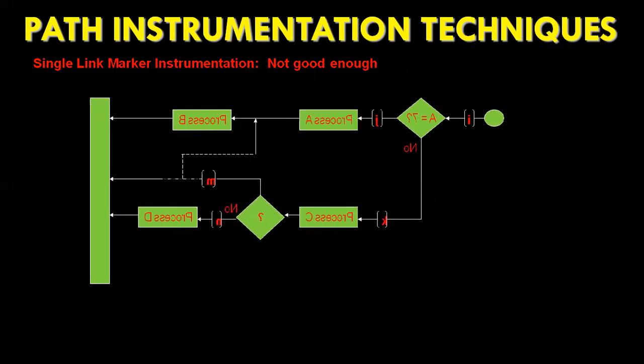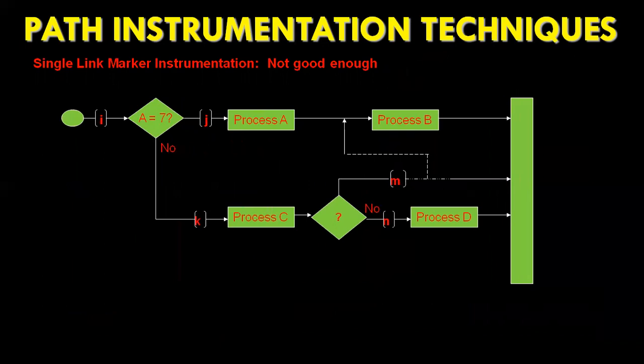Unfortunately, a single link marker may not do the trick because links can be chewed by open bugs. Here we intend to traverse the IKM path. But because of a wrong go to in the middle of the M link, we may go to process D.